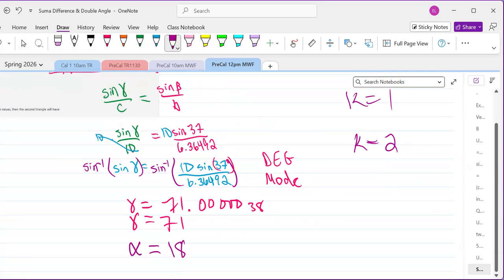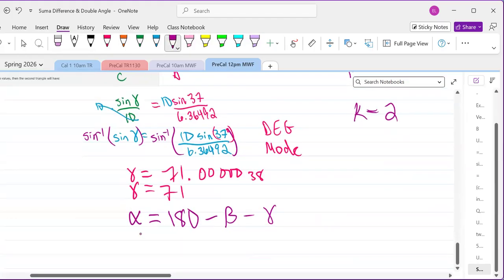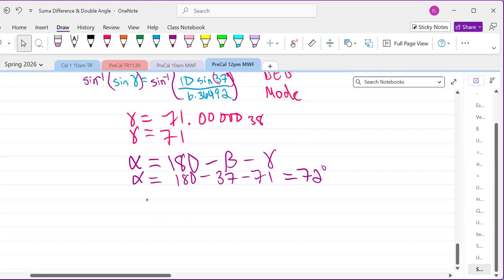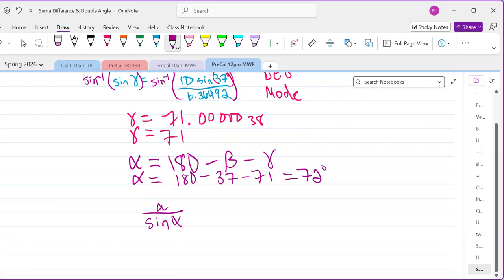Now, alpha is the third angle. We've got two of them, so 180 minus beta minus gamma. And this gives us an alpha angle of 72 degrees. Then we just need to finish the calculation to solve for side A. So we'll have A over the sine of alpha equals, and then I go back to my B's, B over the sine of beta.